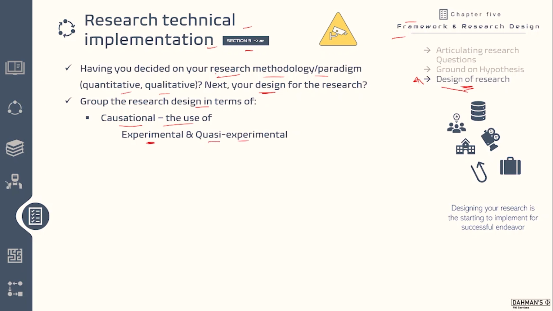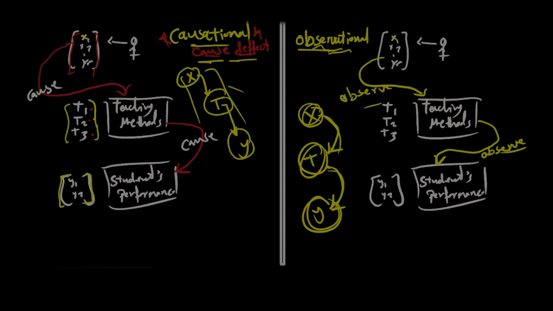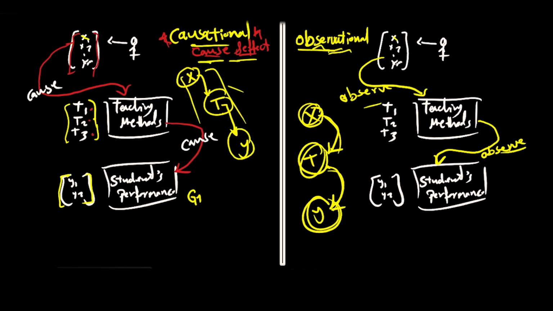And literally, what is the actual idea of experimental or quasi-experimental? It goes as follows. Let's assume I have two groups of students, and their performance is pre-known to me. In other words, I know, for example, this group has poor performance and this group of students has an excellent performance.